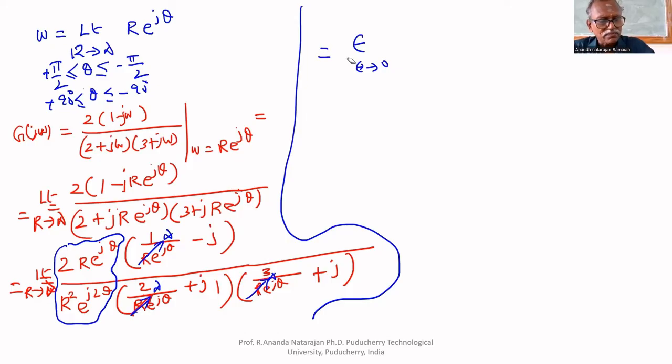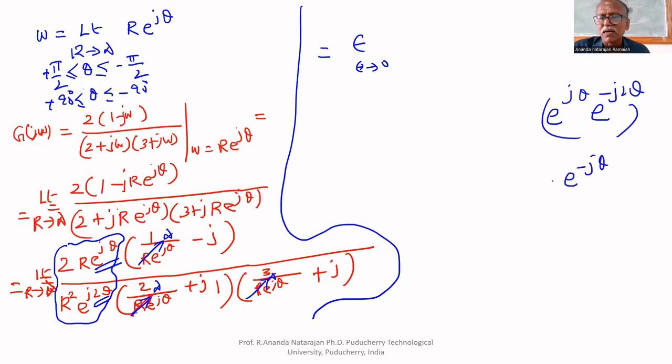Here the angle is 2 theta in the denominator, and theta in the numerator. That's why the angle is e power j theta multiplied by e power minus j 2 theta. So we add the powers, and you will get e power minus j theta.